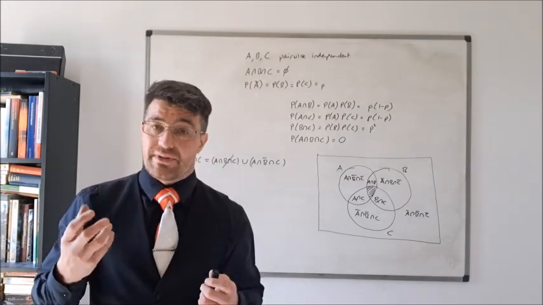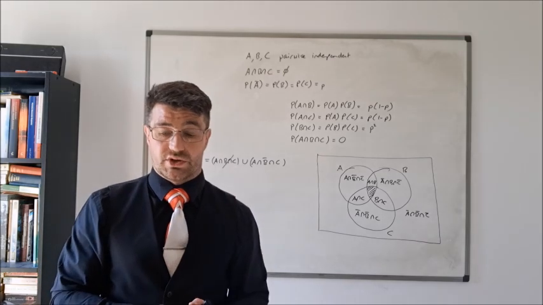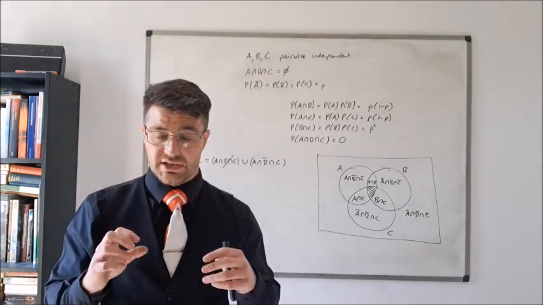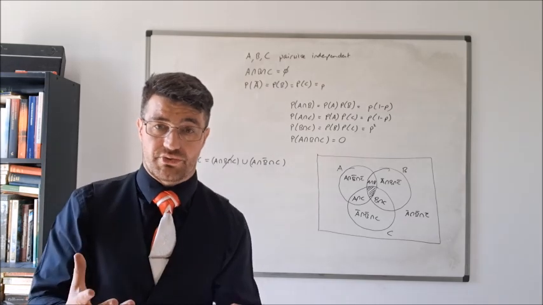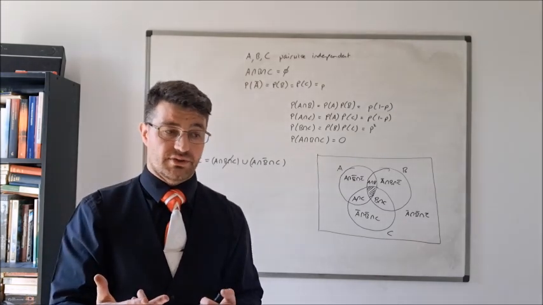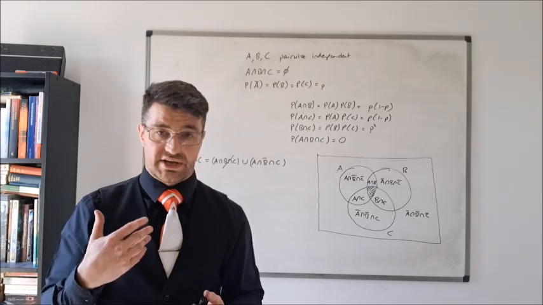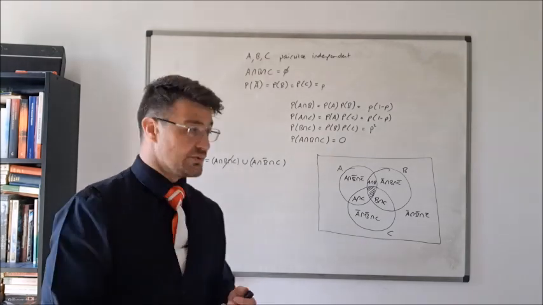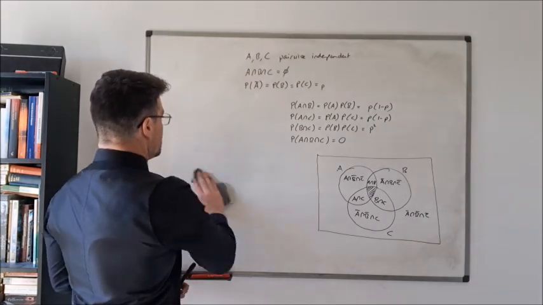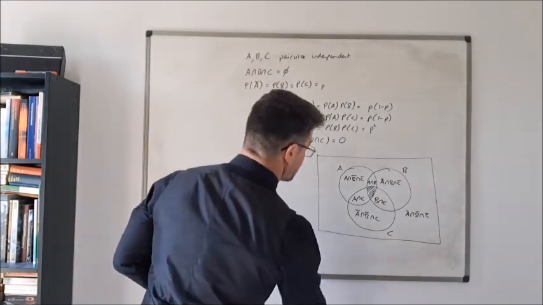But again, it might just be a feature of the diagram that you've drawn. Never take your diagram as expressing the truth. Okay, it's something that might give insight into the truth, but it doesn't necessarily express the actual truth.